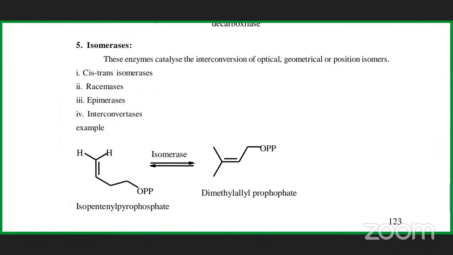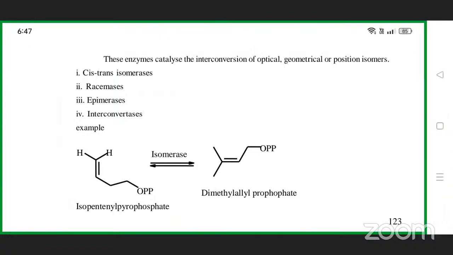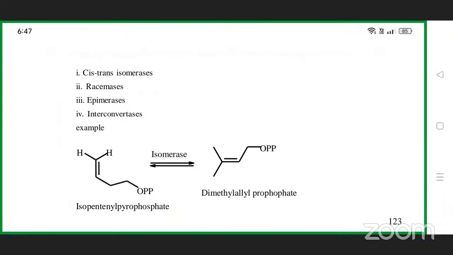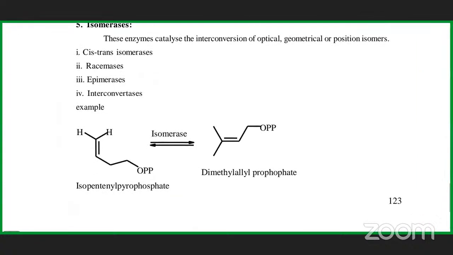So these isomerases catalyze the interconversion of optical isomers, geometrical isomers, and structural or positional isomers. In this, we have four categories: cis-trans isomerases, racemases, epimerases, and interconvertases.